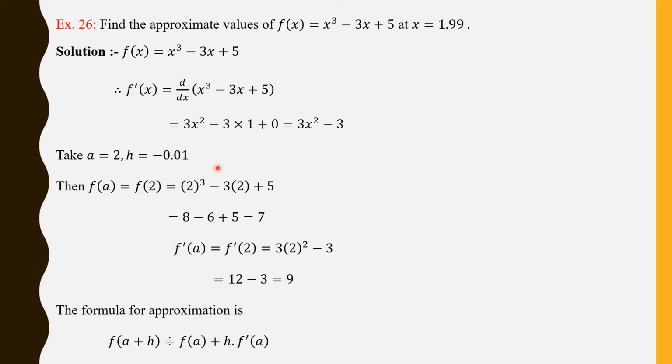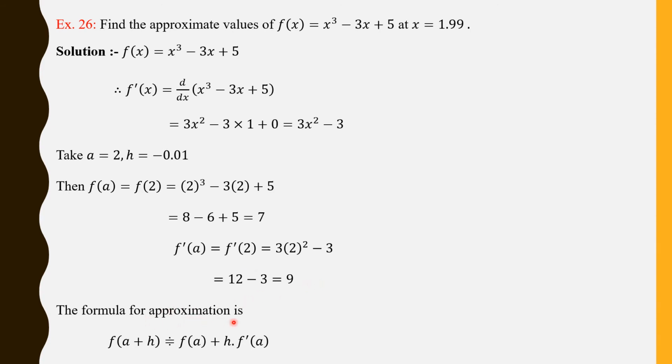Then 2³ - 3 into 2 + 5. 2³ is 8, minus 3 into 2 is 6, plus 5. Simplifying, we get 7. Then f'(a) = f'(2). The value of f'(x) is 3x² - 3. Put x = 2. Then 3 into 2² - 3. 2² is 4, 4 into 3 is 12, minus 3 is equal to 9.